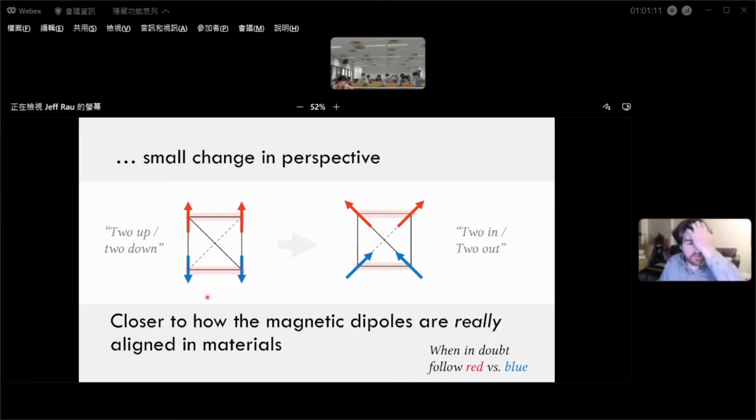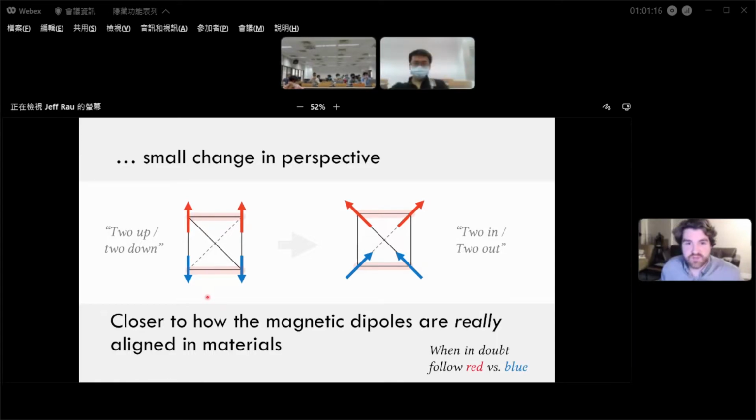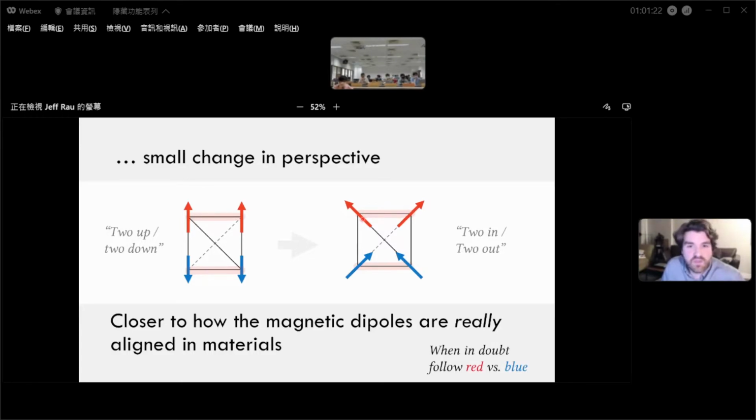Okay, so this 2 up, 2 down rule in this language would be 2 in and 2 out, right? So a tetrahedron that has 2 arrows going in and 2 arrows going out will be one of your ground states. When in doubt, if you want to go back, I've colored them according to the signs of those spins, so you can go back to the colors if that's necessary.